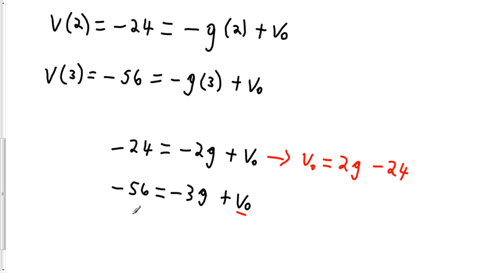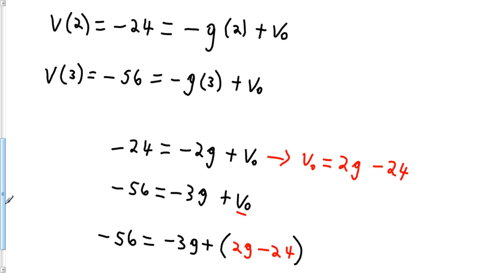So I'm going to have negative 56 is equal to negative 3g, and then I just found out that plus v naught is actually plus 2g minus 24, because that's the value I just got for v naught from the first equation.